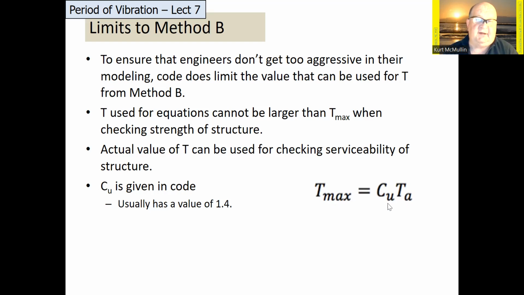T max equals C sub U times T sub A, where T sub A is what you calculate using method A. C sub U has various values. It's usually 1.4, but the code does have 3 or 4 situations where the value may be lower than 1.4.